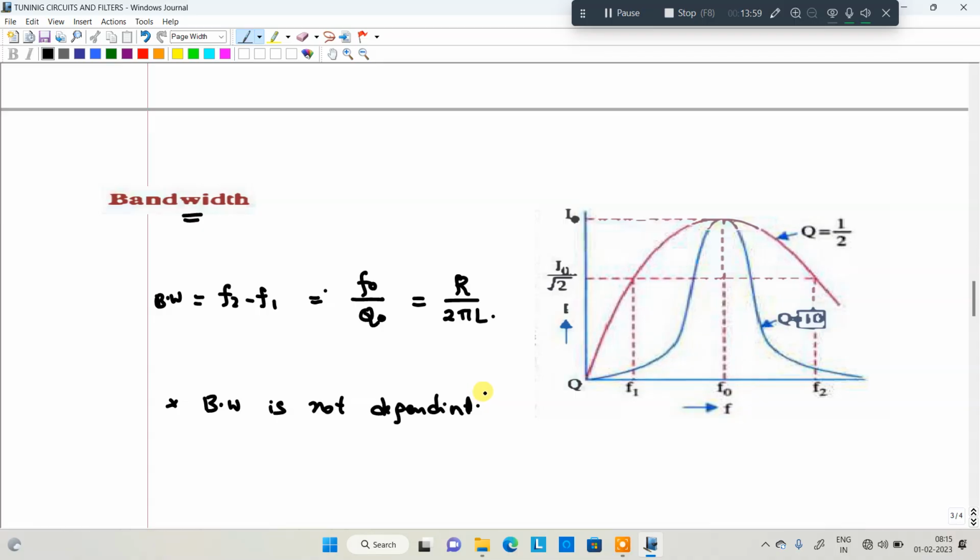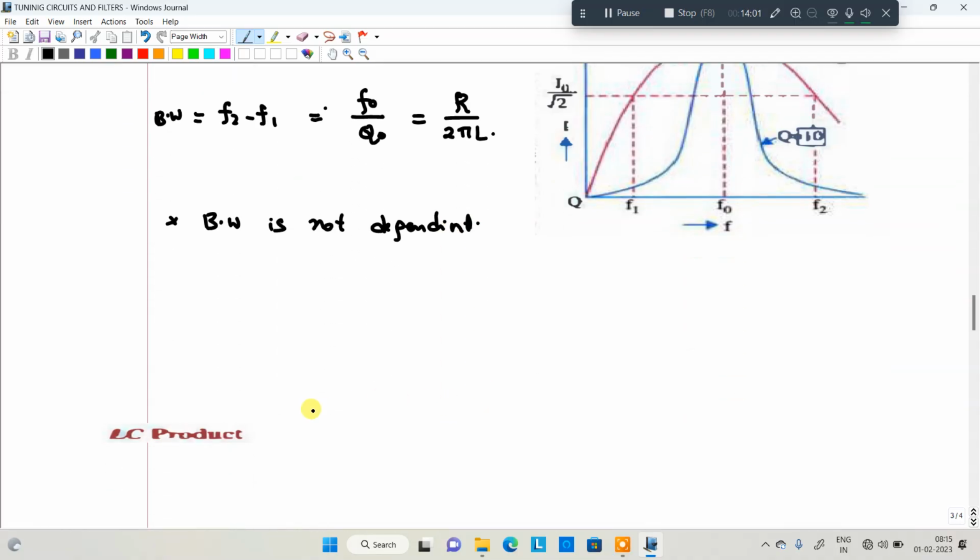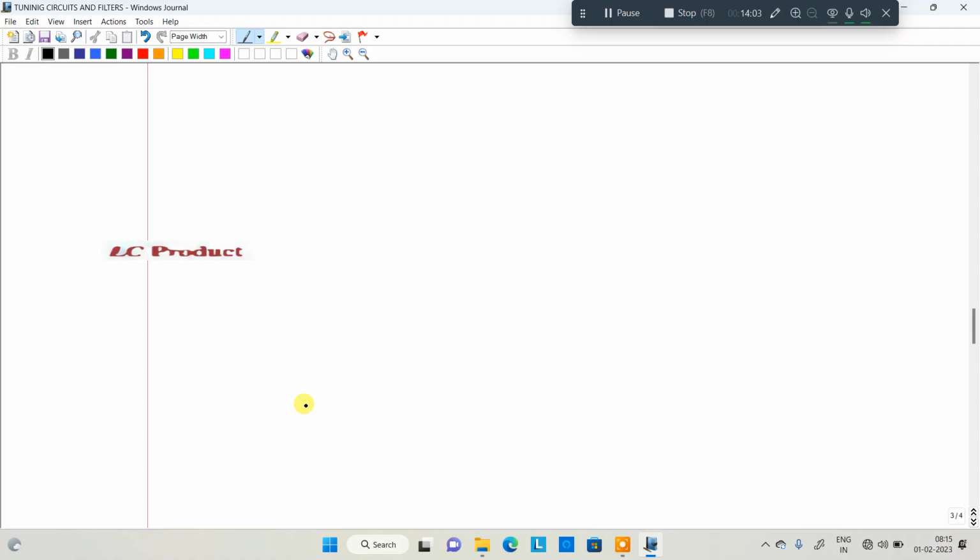Okay. Coming to the next one, the LC product. The resonance frequency F naught is equal to 1 by 2 pi root LC. So as the product of L and C varies, we can change the resonance frequency. That concept is used to set the resonance frequency to the desired frequency.